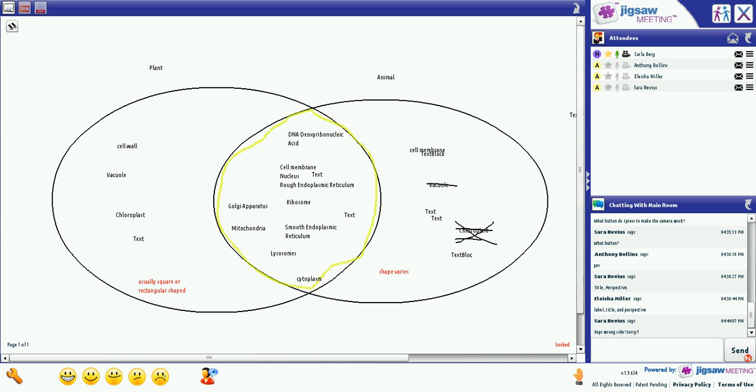We could have cell membrane up there. And then, an obvious thing that we could have put up here is plant cells are found in plants. Animal cells are found in animals.